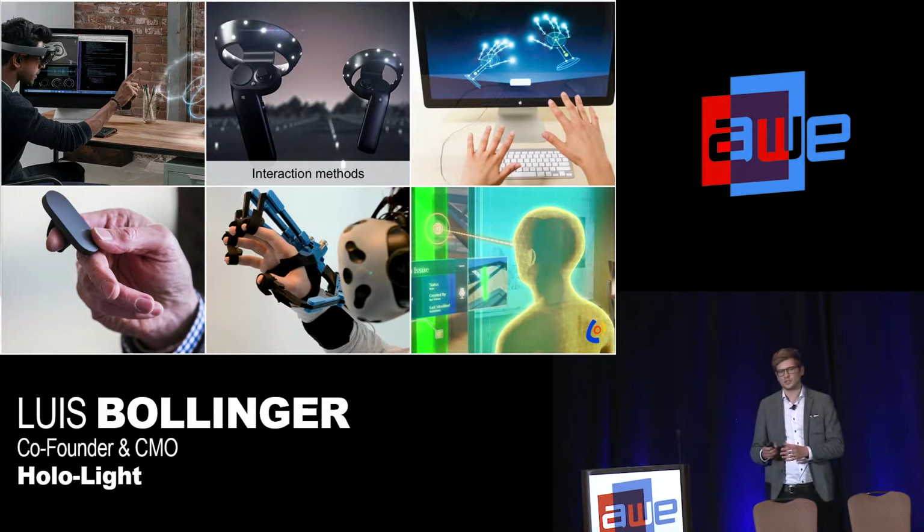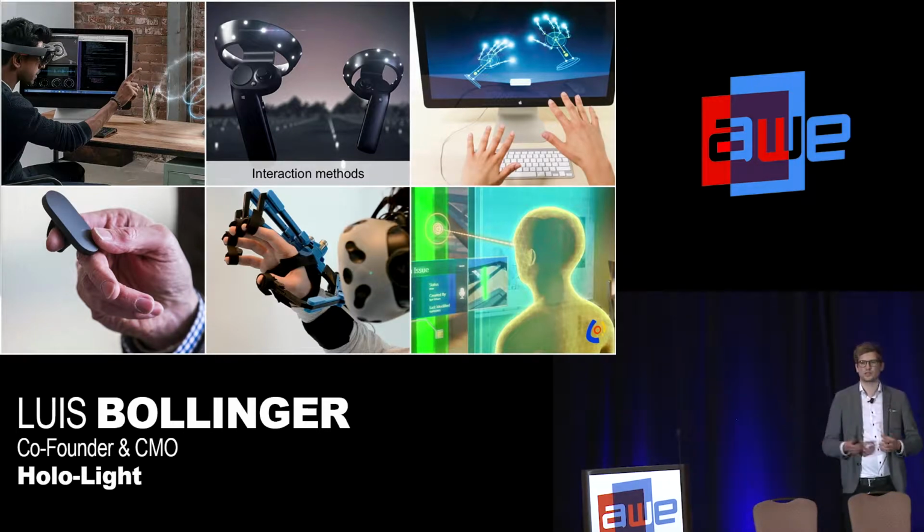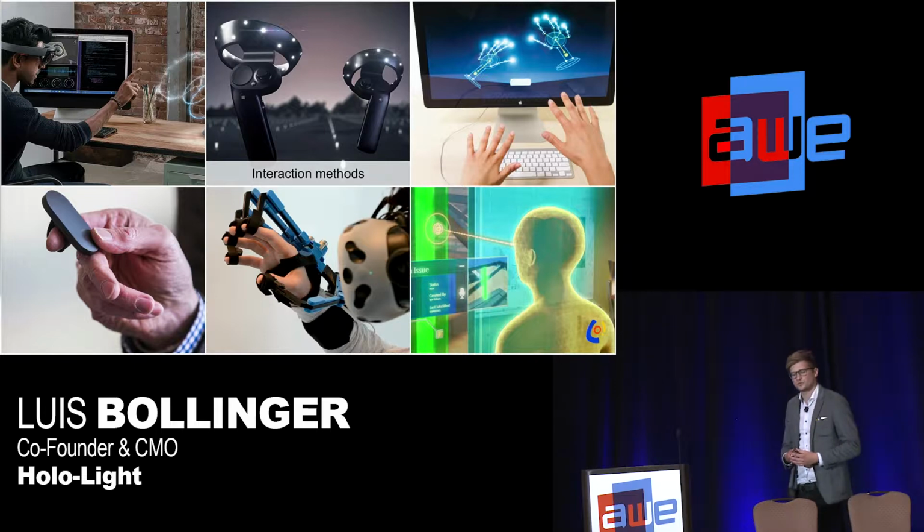So it's not only using hands. It's also lip motion, obviously, any kind of clicker, gloves to interact. And there is also obviously the gaze. Most of you have heard the eye tracking panel before.